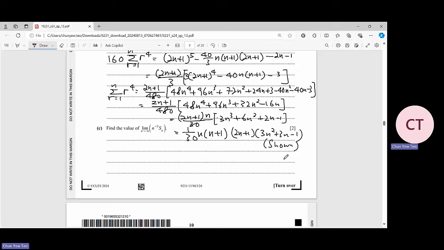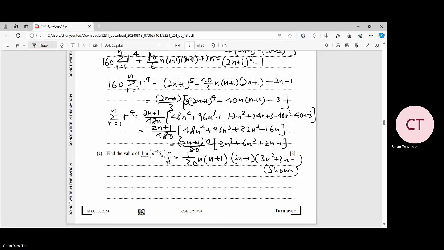And they call this one Sn. And C is the limit as n goes to infinity of Sn divided by n to the power 5. So it will be 1 over 30, n plus 1, 2n plus 1, 3n squared plus 3n minus 1, divided by n to the power 5.